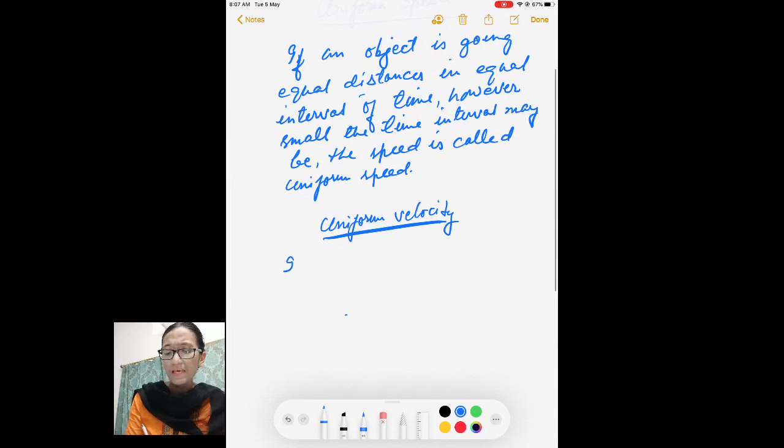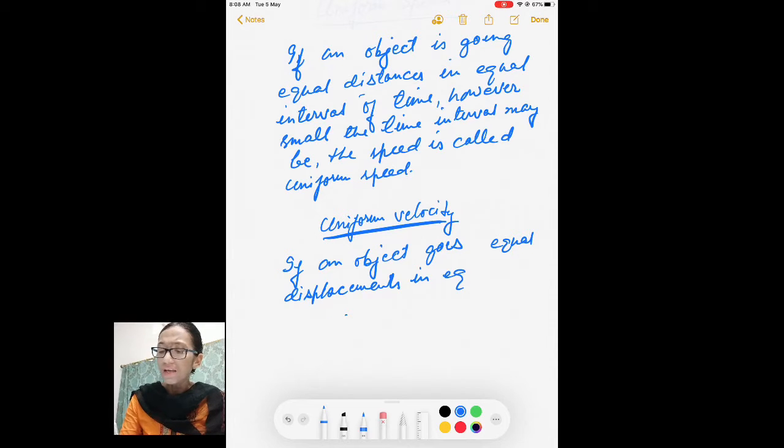If an object goes equal displacements in equal interval of time, then the velocity is called uniform velocity.